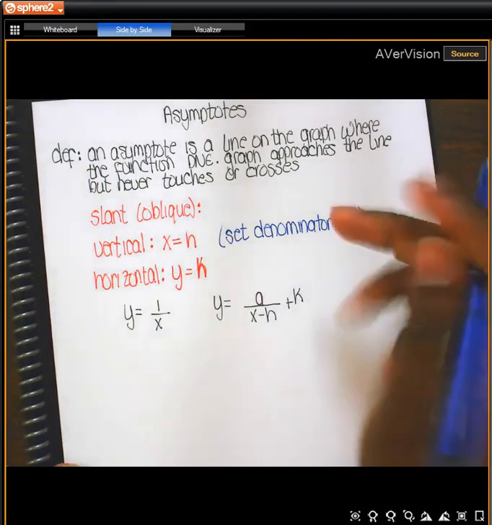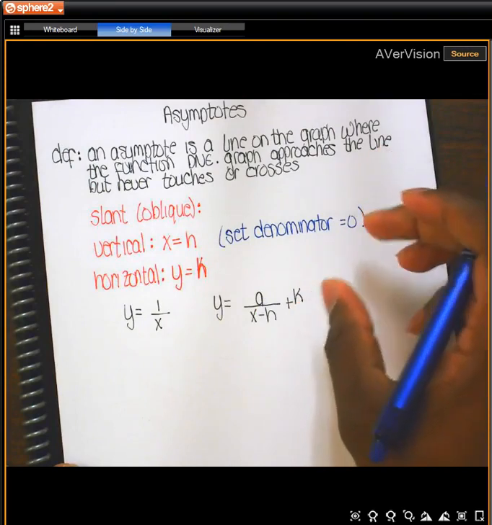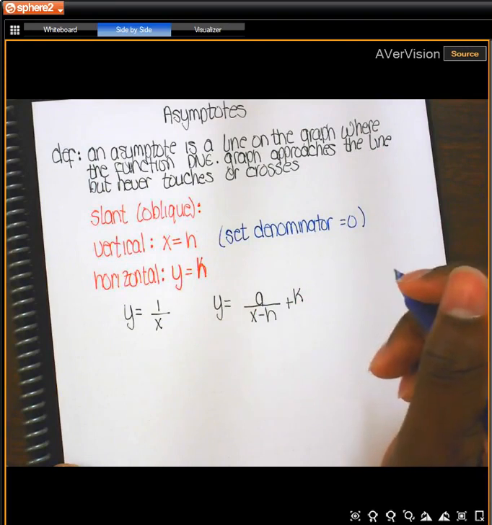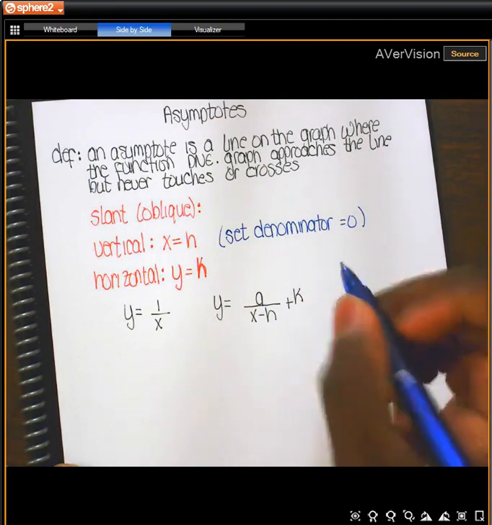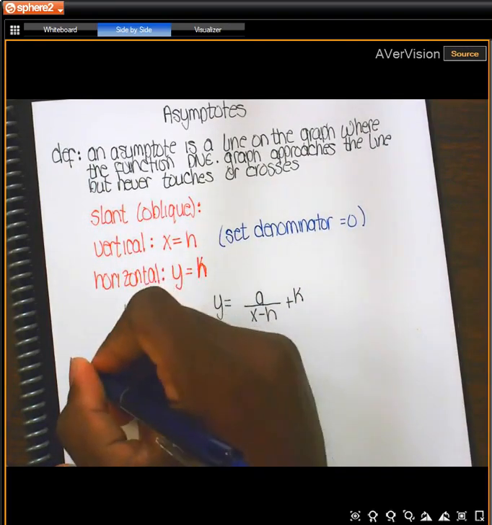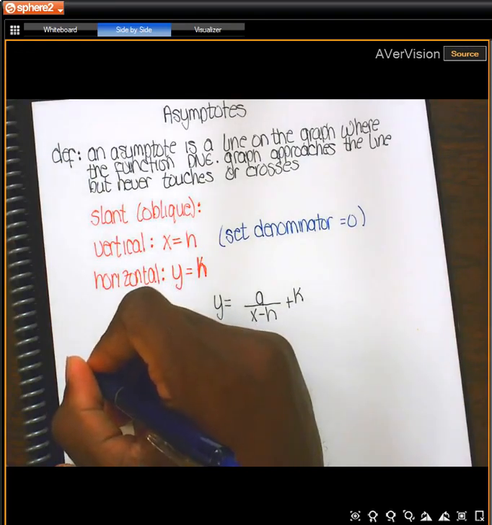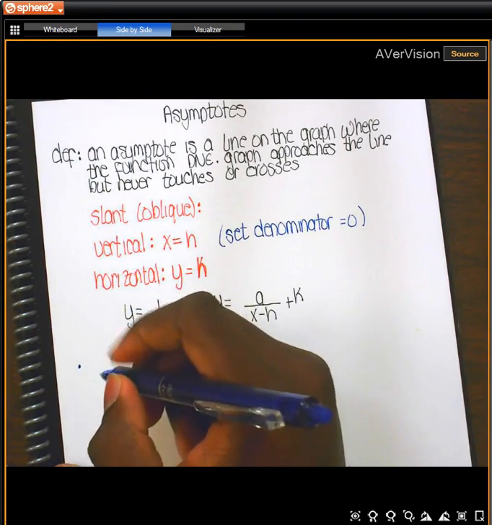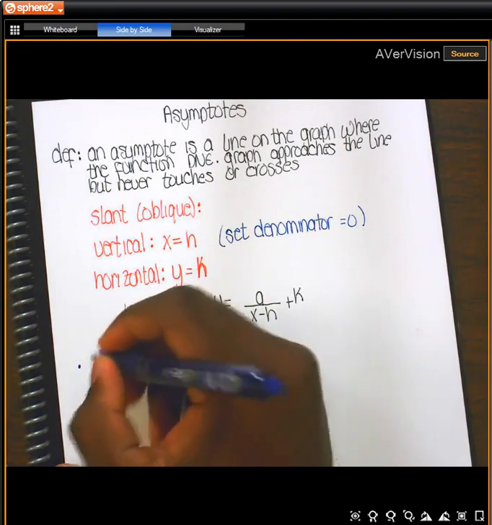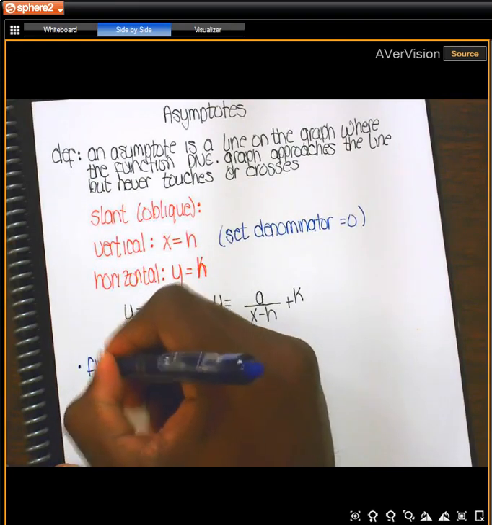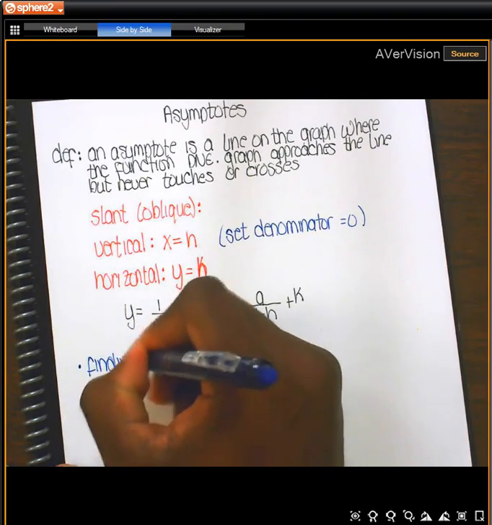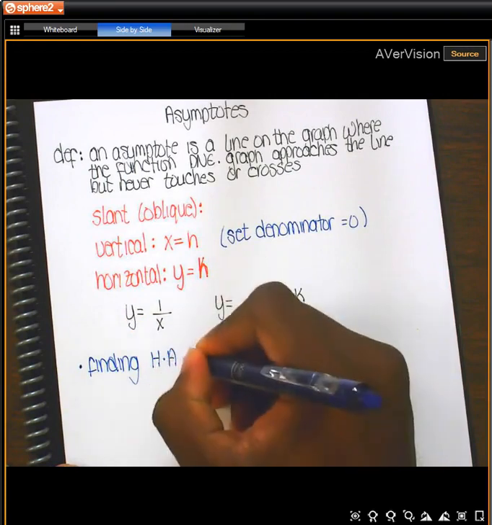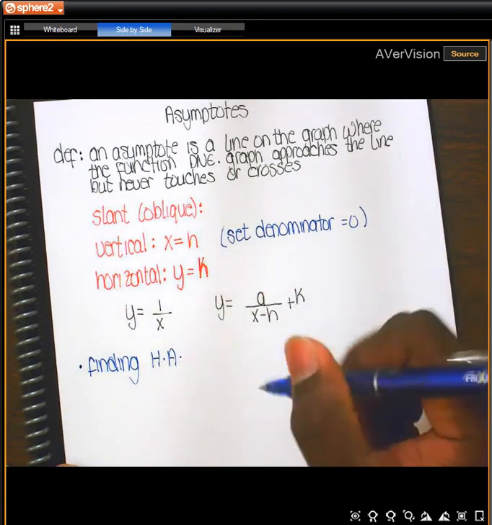All right, so that is for when you have rational equations. What about when you have any other type of equation? Like, let's say we have a polynomial. HA is horizontal asymptote.